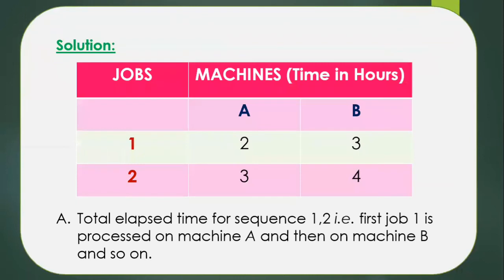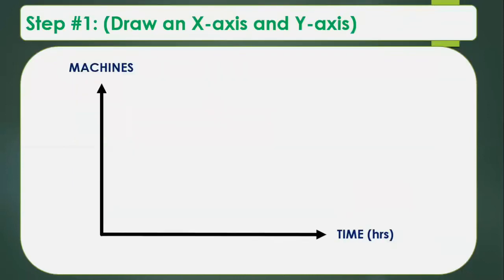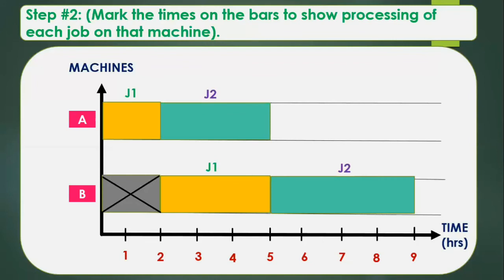Now that we are done with job 1, it is time to plot job 2 in our Gantt chart. Job 2 is processed on machine A first, given that our order is AB, and then on machine B.